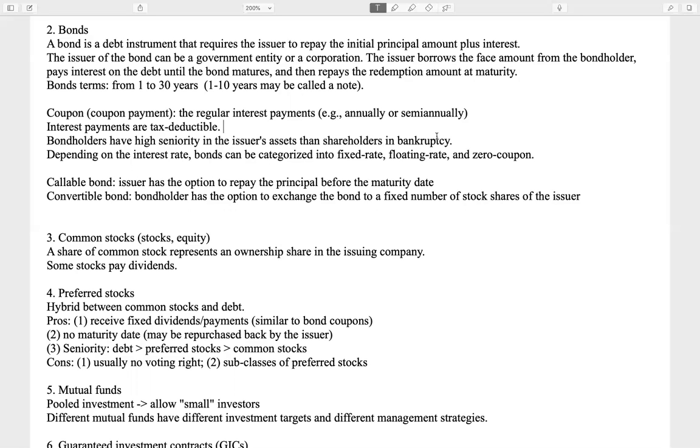So of course, it will go bankrupt. In this case, since the company's assets are not enough to pay back the debt, all the shareholders will receive nothing. It doesn't matter whether the stock price is 1 or 2 or 10 cents or 20 cents. Shareholders receive nothing. So eventually, their share values are zero because bondholders have higher seniority.